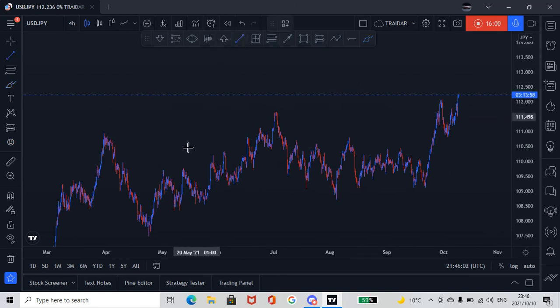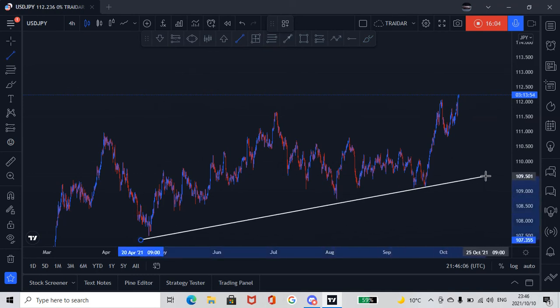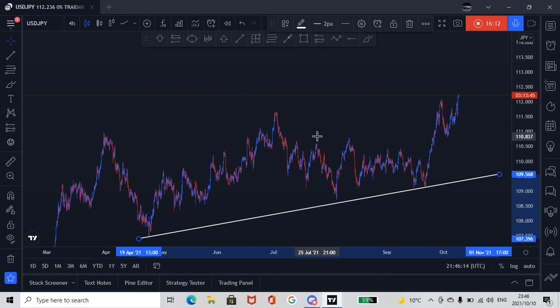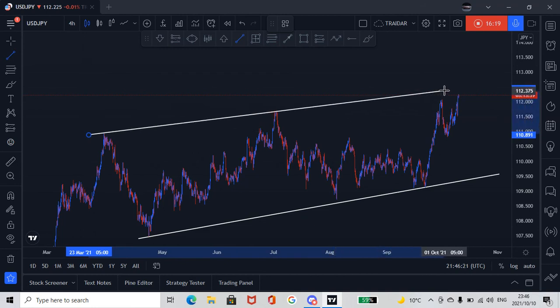Okay. Let's first identify this big trend line. You don't want to cheat the trend line. You pull as it pulls. Do what the trend line is telling you to do. Don't do your own thing.